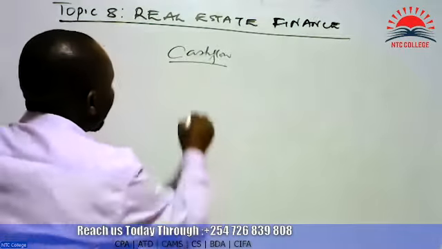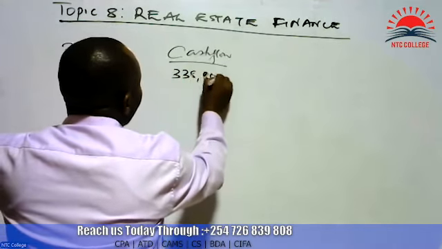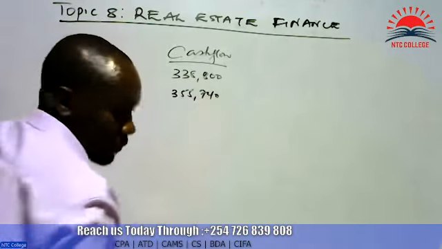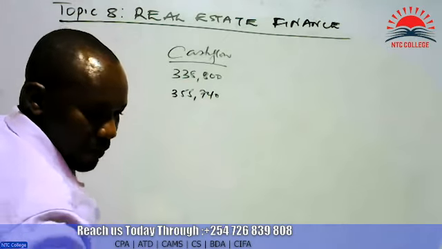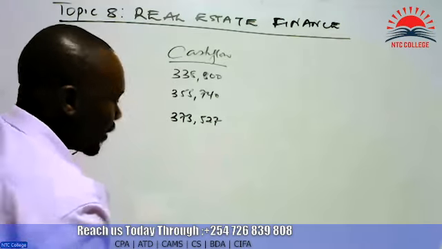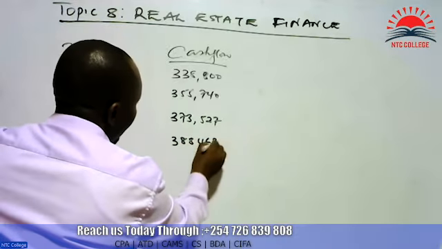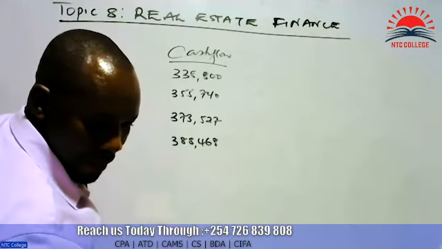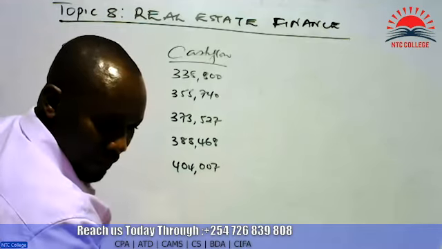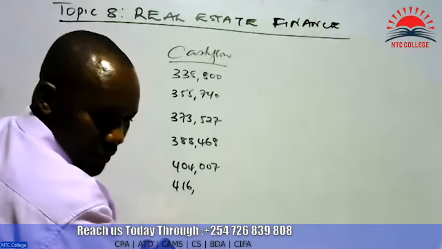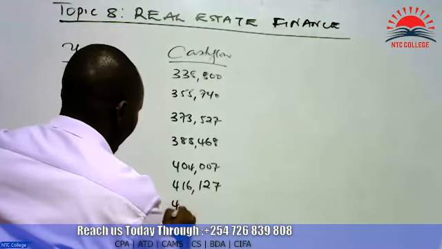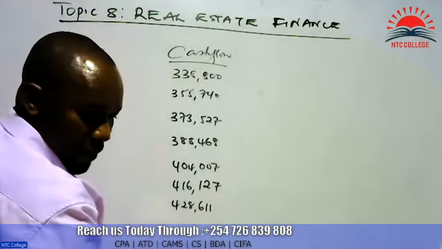So we have 338, 355,740, 375,373, 527, 388,468, 404,007, 416,120, 428,611, 441,469.